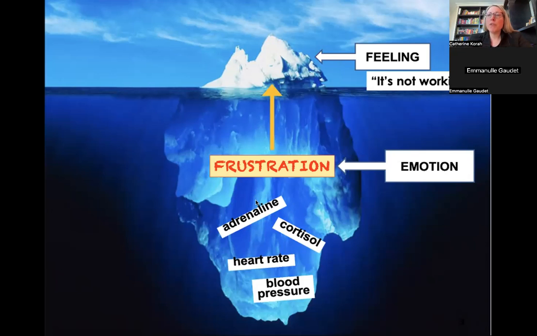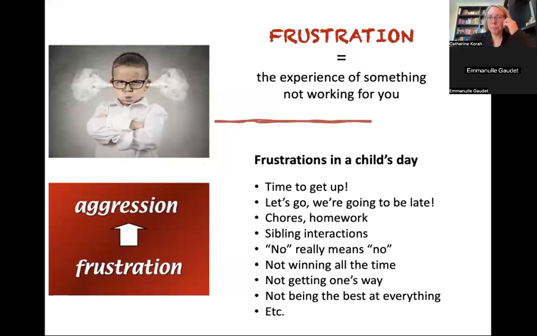In terms of the sympathetic nervous system, you will have the adrenaline kick in, the cortisol, the heart rate will rise, and so forth. This is not something that we decide to do. It's something that happens to us. And if we're able to be conscious of it, we will have words like, oh my goodness, I'm so frustrated, or this is not working for me, or I'm not happy with this situation right now. This is what we're talking about when we're talking of frustration.